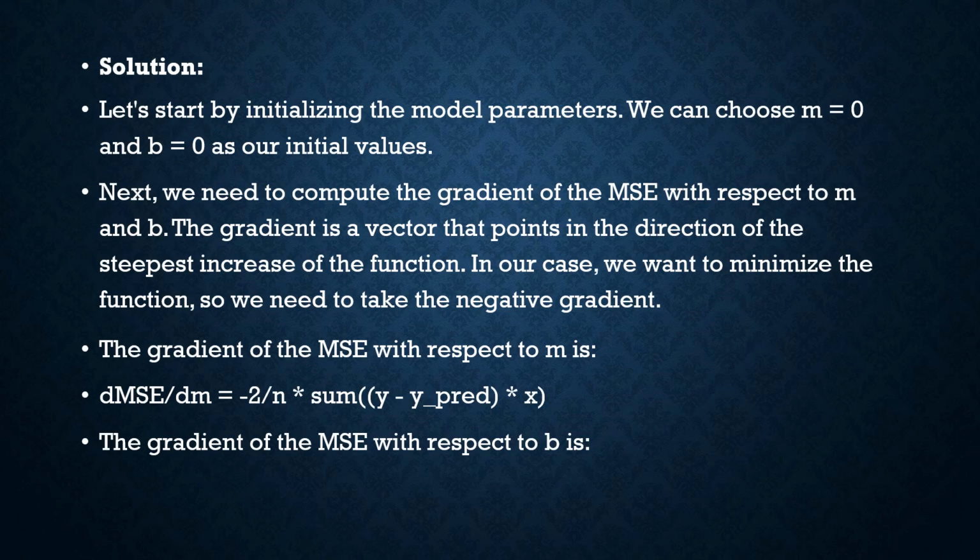So we will use the steepest descent method. We assume m is equal to 0 and b is equal to 0 as the initial values, and here dm is the gradient of the function.